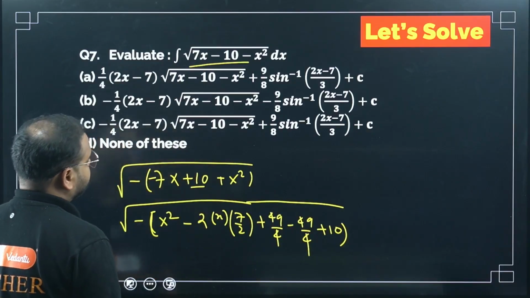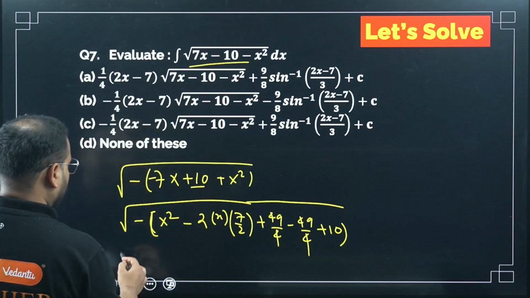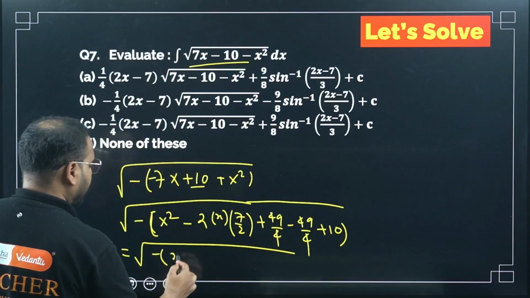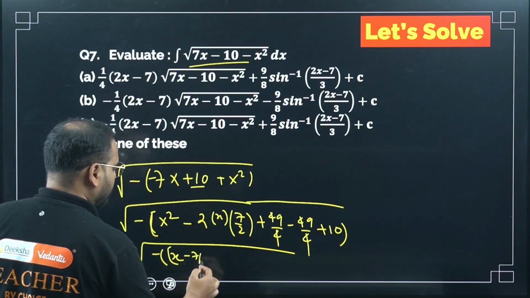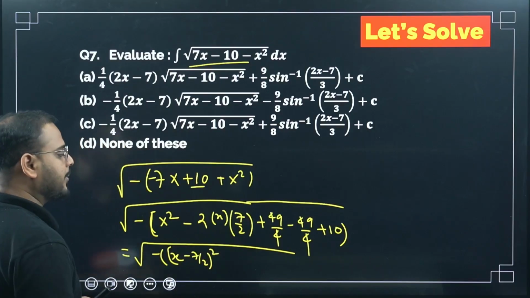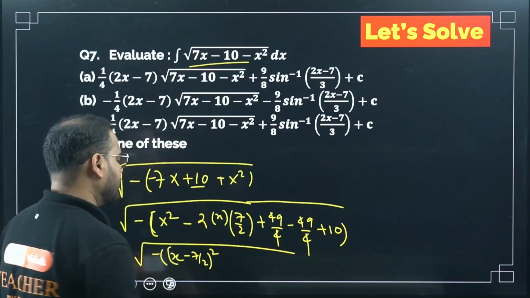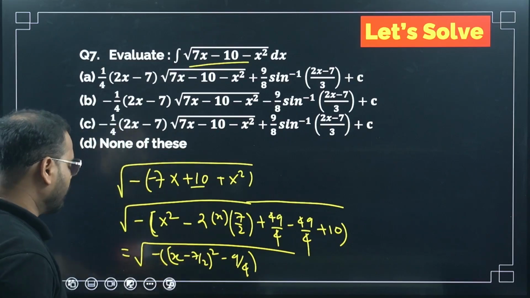Now please check. Please have a look. What I'm getting is integration of minus, x minus 7 by 2 the whole square, and plus 40. 4 times 10 is plus 40. So minus 9 by 4. Now open the bracket in the root only.